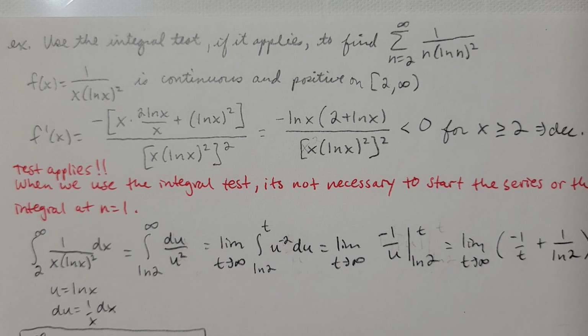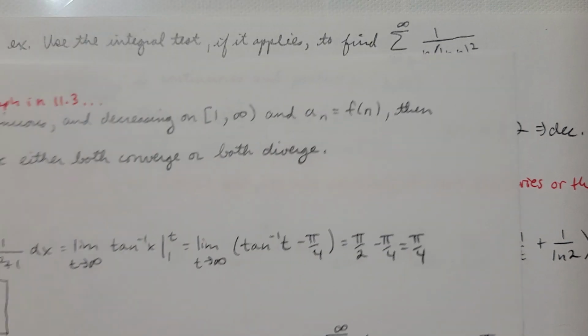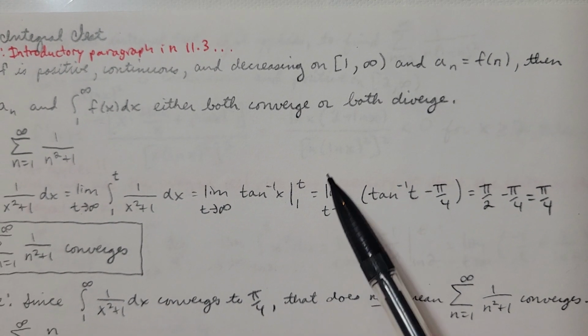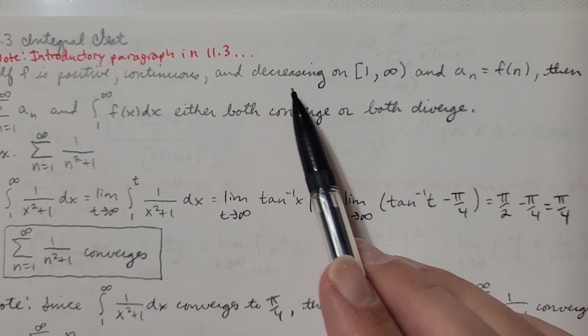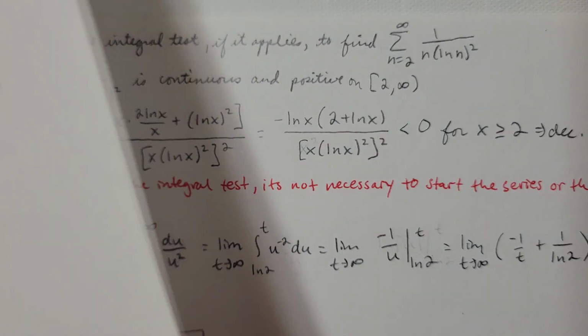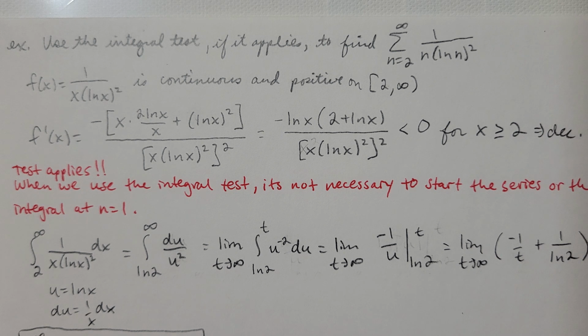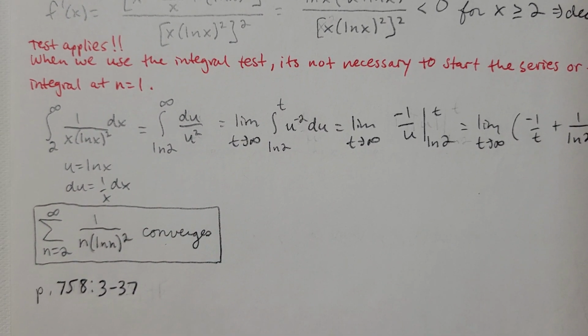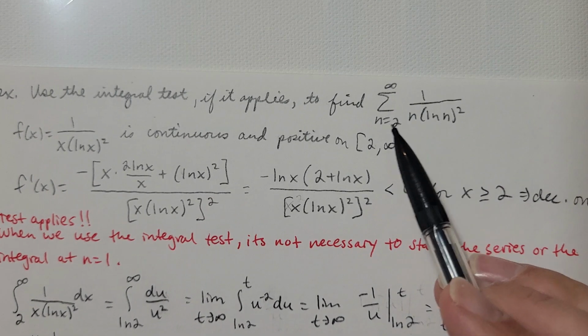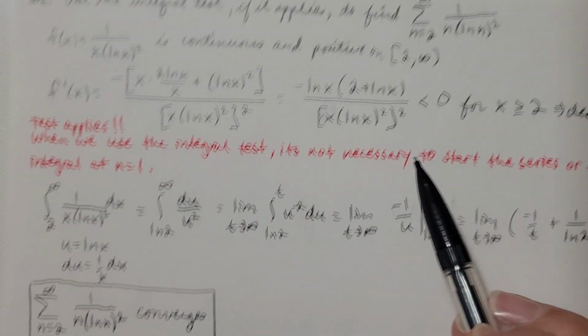Just wherever you start, and then with this third condition here, where you're checking to see if the terms are decreasing, all we care about is that they eventually do decrease. It's okay if at the beginning the terms don't decrease, but eventually they do decrease forevermore, if that makes sense. Okay. So anyway, these terms are going to be always decreasing on the interval 2 to infinity.